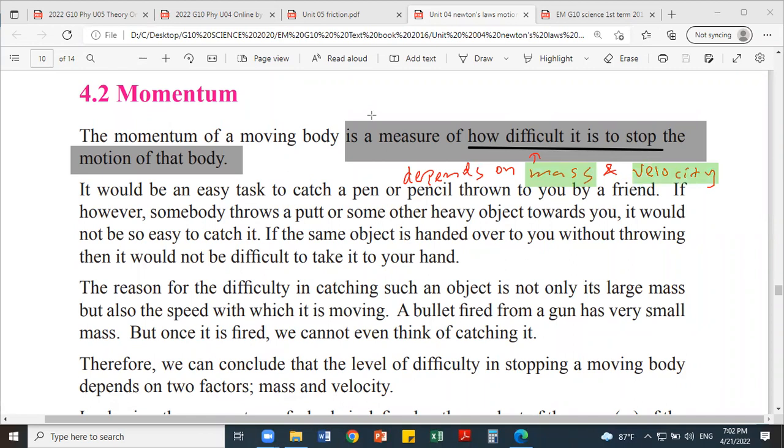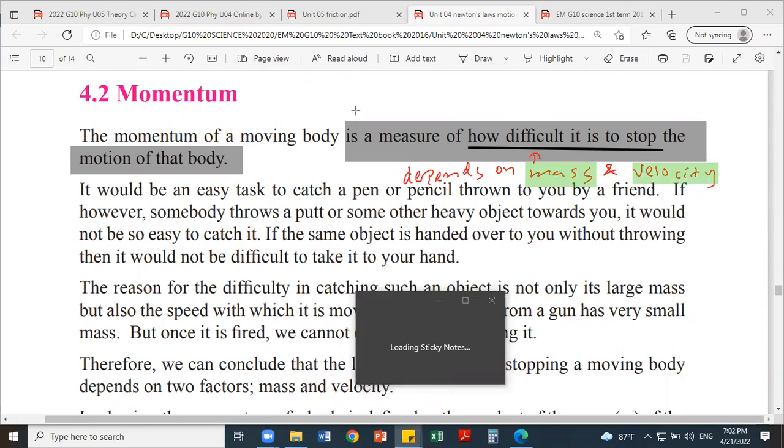Who can tell me an instance where something is moving, it has velocity, but the mass is zero, therefore the momentum is zero? Zero into velocity is zero. That means no mass.